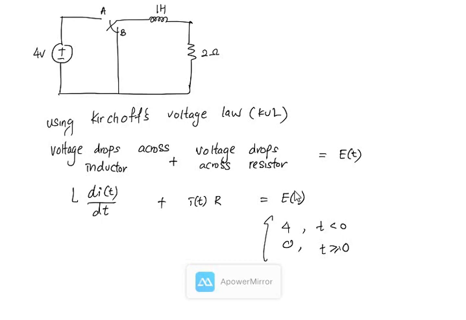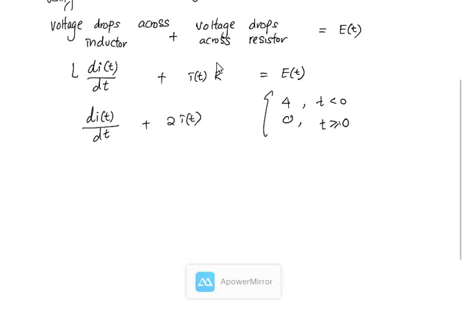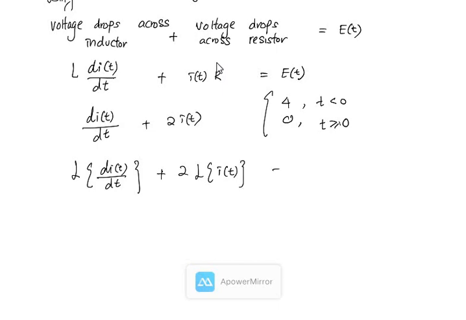And we substitute the value of L, that is 1, and R is 2. So you have di/dt plus 2i(t). Now we take the Laplace transform of di/dt plus 2 times the Laplace transform of i(t) equal to the Laplace transform of 0.